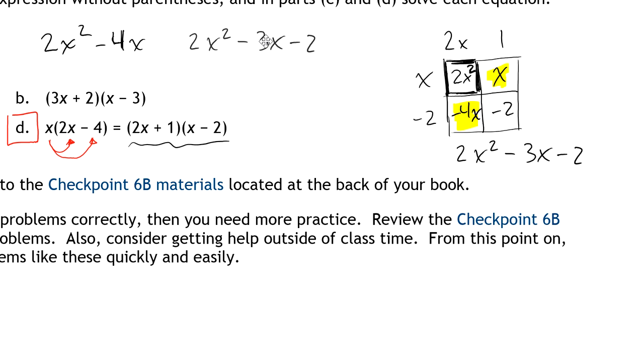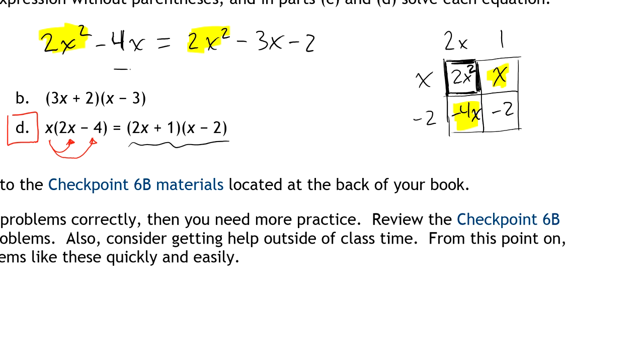So now I'm just setting this left hand side equal to the right hand side. First thing I want to point out is both sides, left and right hand side, have a 2x squared. So I'm going to subtract that from both sides, and when I do, good things happen. The variable with the squared term disappears.